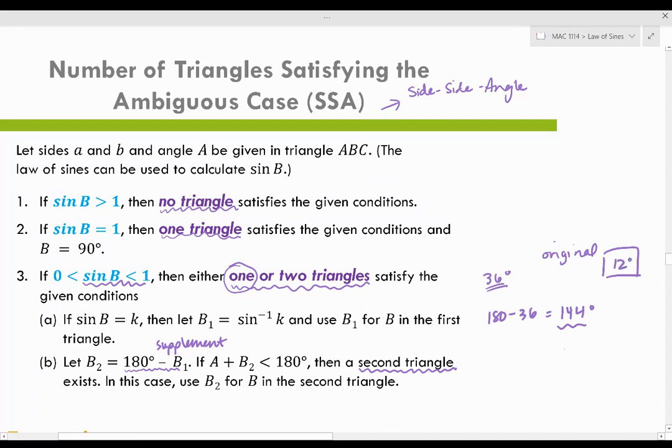So if I do 144 plus 12, I get 156. 156 is less than 180. So in this case, I would have two triangles, okay? So I would use 36 for triangle 1, and I would use 156 for the same angle, but in triangle 2, okay? It sounds a little confusing, but don't worry, we're going to do examples of both of these, okay?